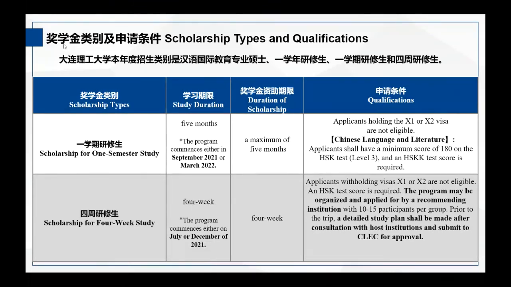In case of this type, applicants holding the X1 or X2 student visa are not eligible. As for the qualifications, you shall have a minimum score of 180 on HSK test level 3 and an HSKK test score is required.